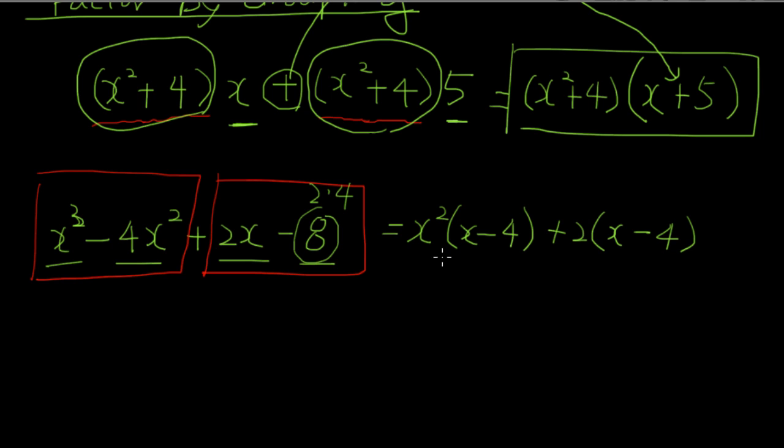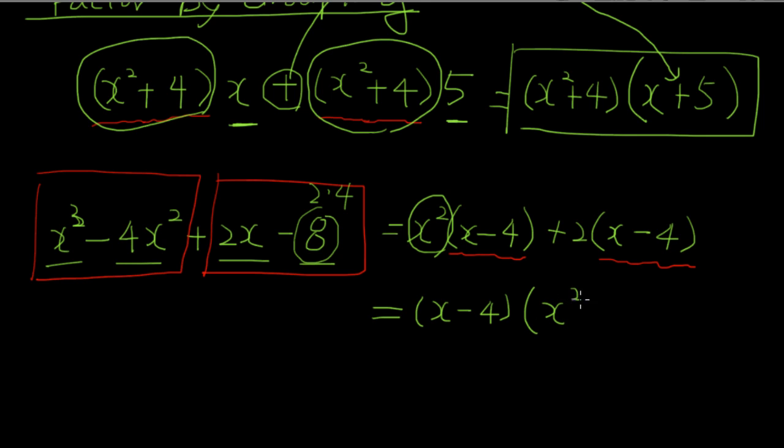Now, see these common terms, x minus 4. Since we have those two common terms, let's factor with this common x minus 4 and open parentheses. Now what's left behind is x squared.